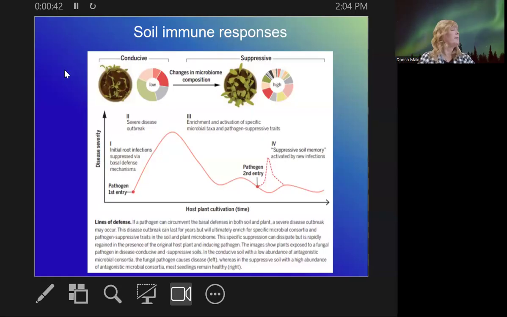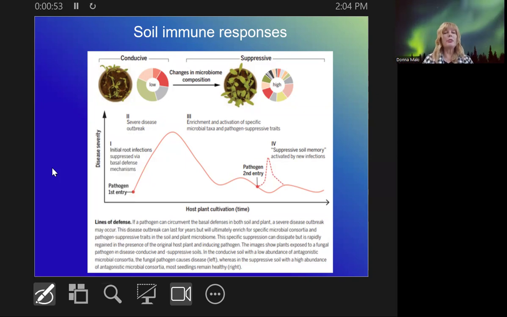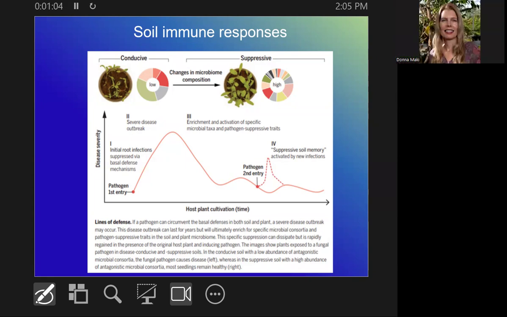has plenty of the pathogen, so a conducive soil, into over time, some well-known case studies around the world of soils that have become suppressive to the disease, and trying to figure out what's going on with that. Ultimately it seems to be coming down to the roles that the microbes are playing.